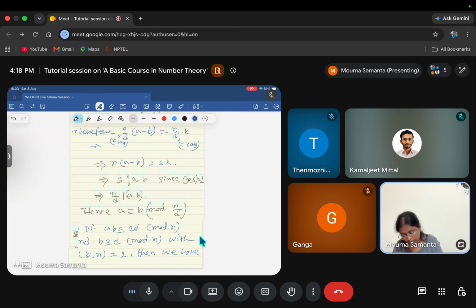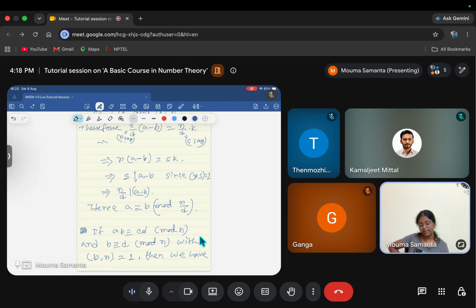What is the statement saying? ab congruent to cd and b is congruent to d here.